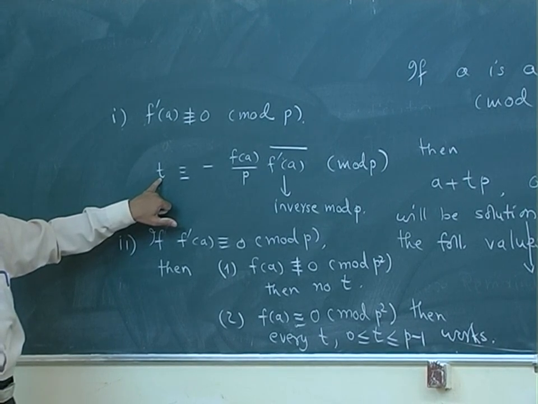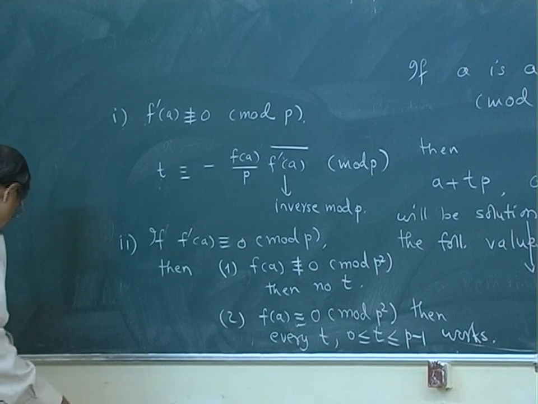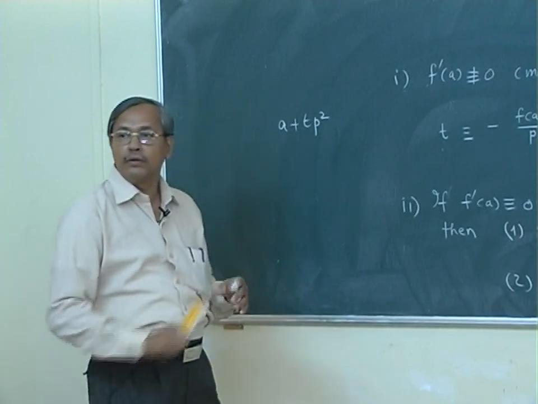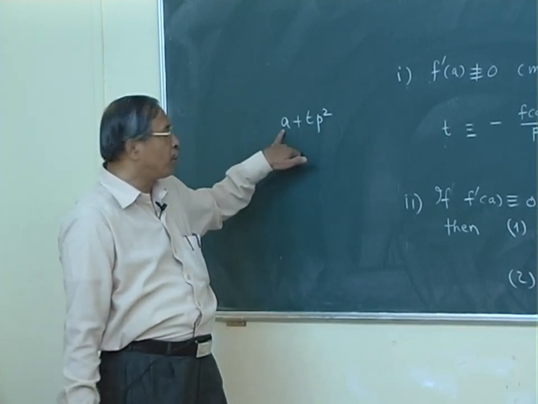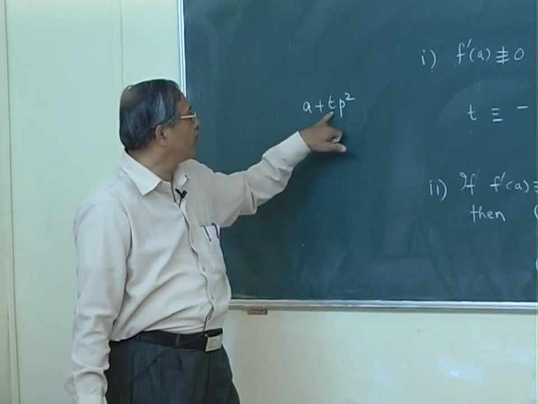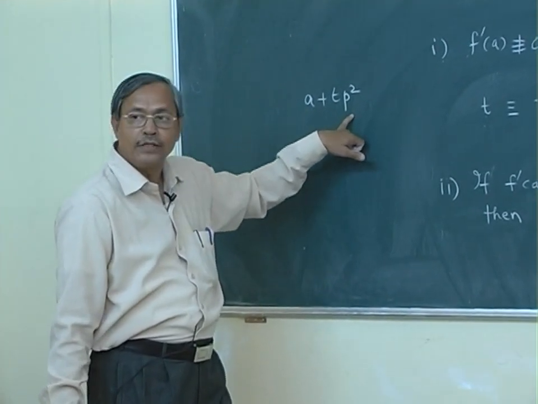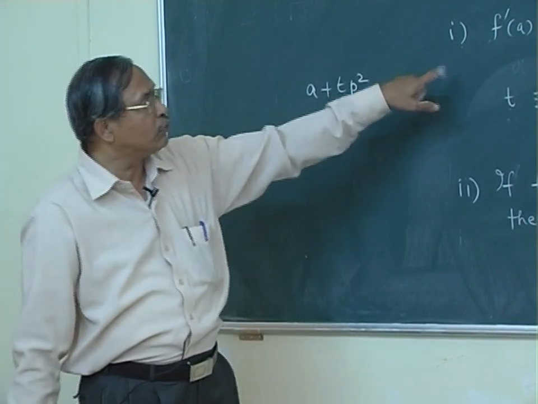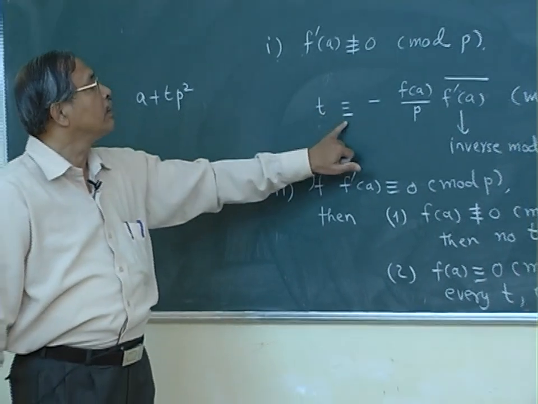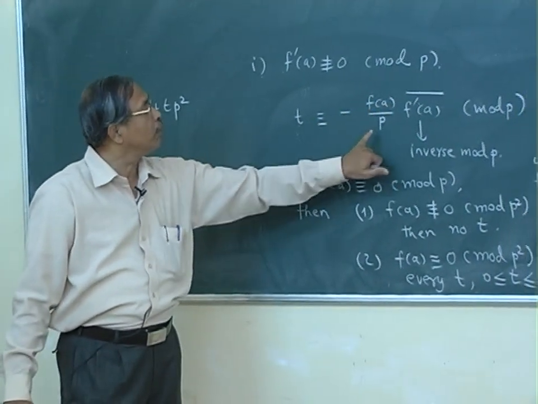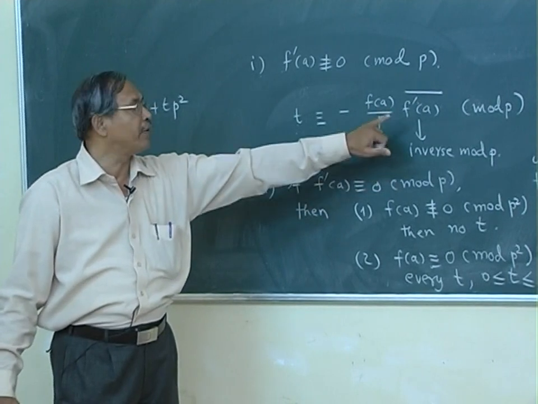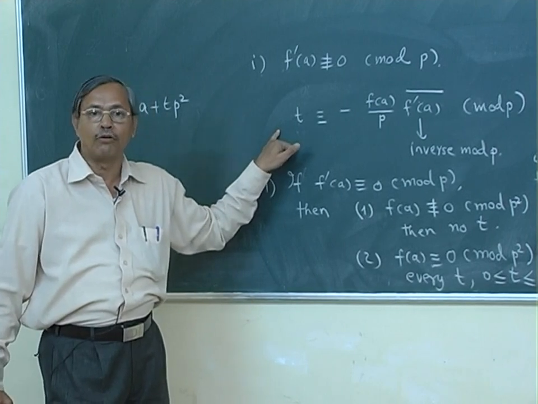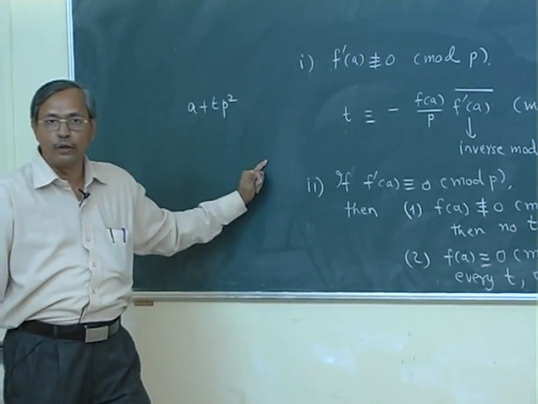For what values of t will a plus t p square be a solution mod p cube? I am assuming a is the solution mod p square. And the answer is similar. If the derivative is not congruent to 0 mod p, t congruent to minus f(a) upon p square times the inverse of f dash a bar, mod p. This unique value of t will give rise to a solution mod p cube.